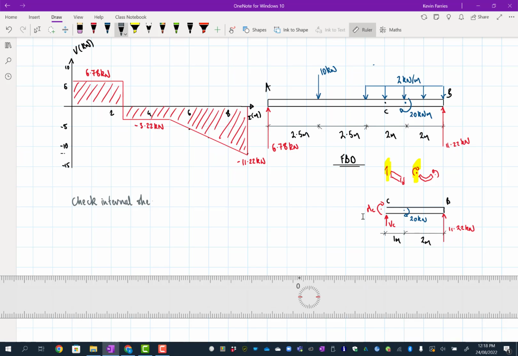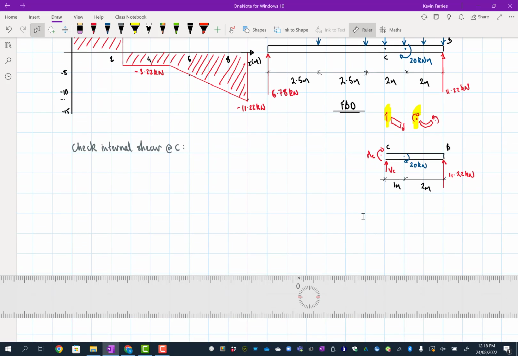Really, we just need to do the shear, don't we? Internal shear at C, because we haven't got to a moment yet. We'll get to bending moment diagrams next. So we don't really care about that MC. Let's just double check VC, and so we would use the sum of the y components must be equal to 0 for equilibrium. So we're going to go positive VC, it's going upwards.